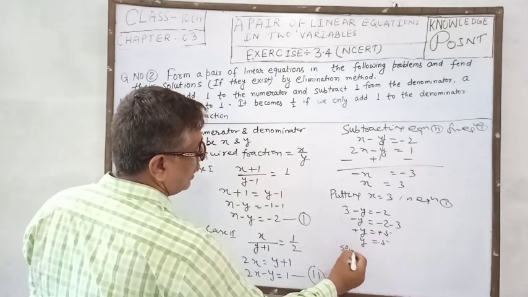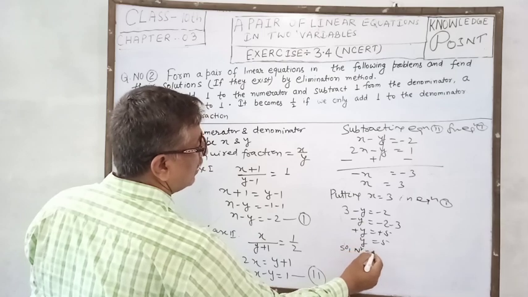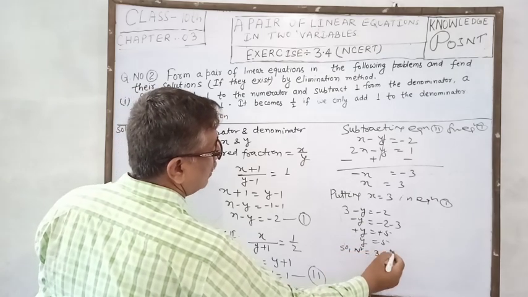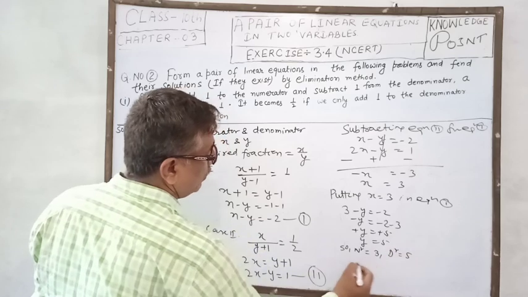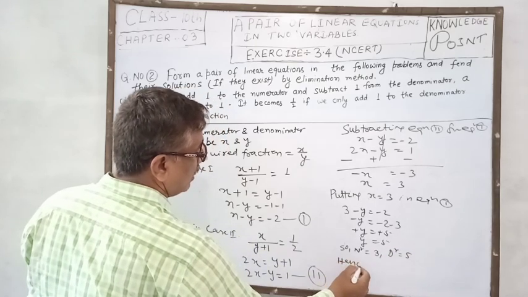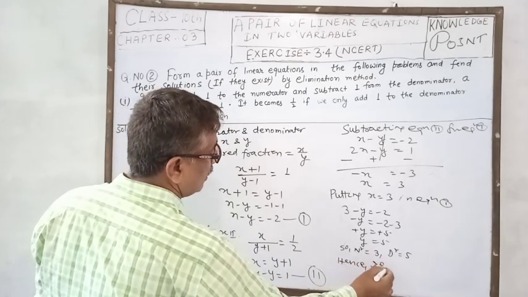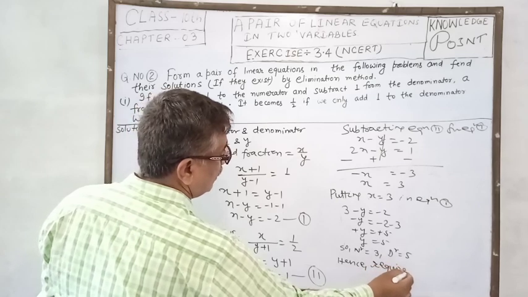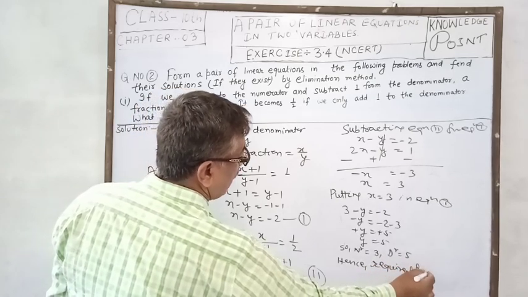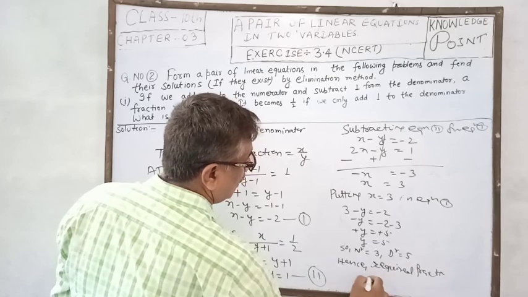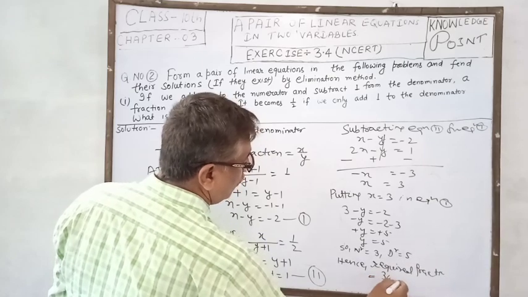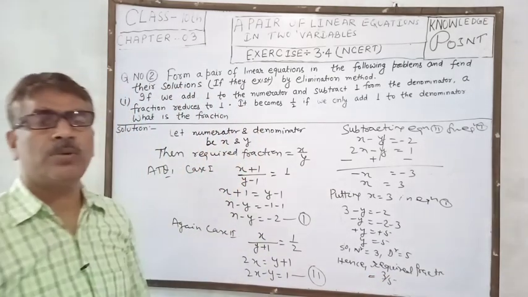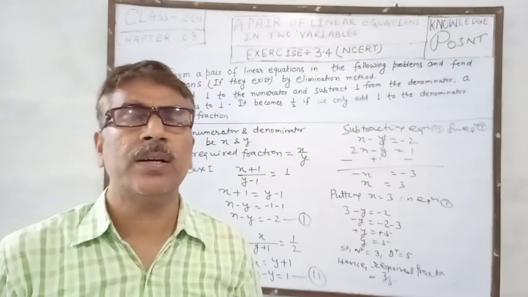So numerator equal to 3, denominator equal to 5, hence the required fraction is equal to 3/5. So students, question number 1 completed.